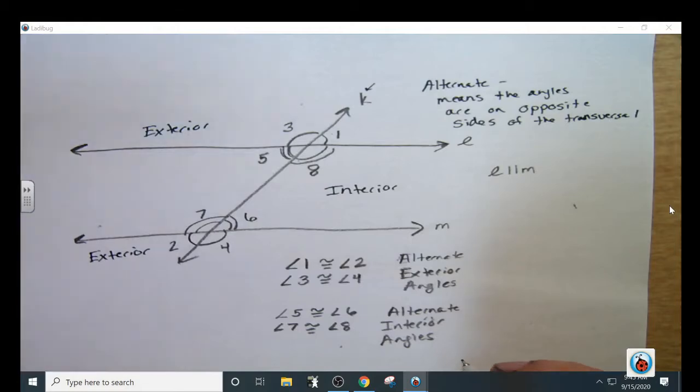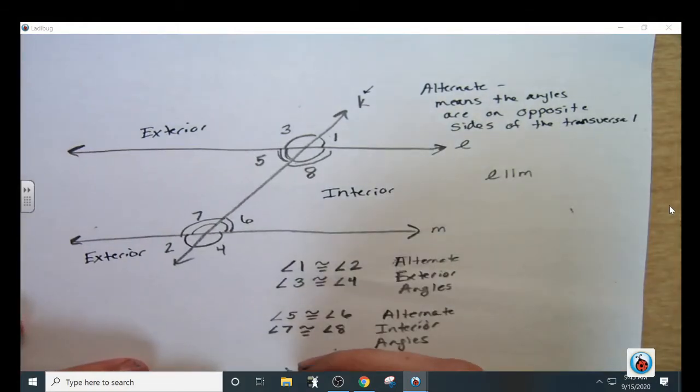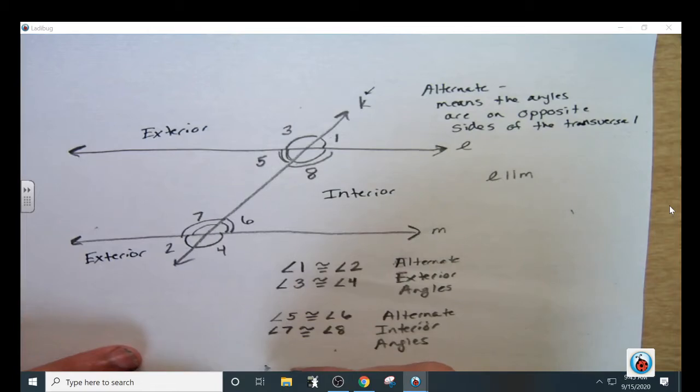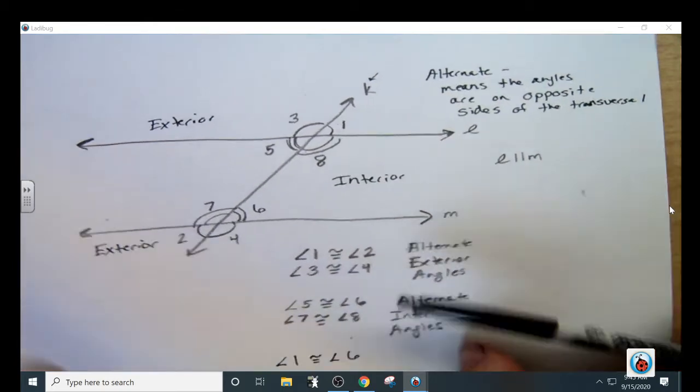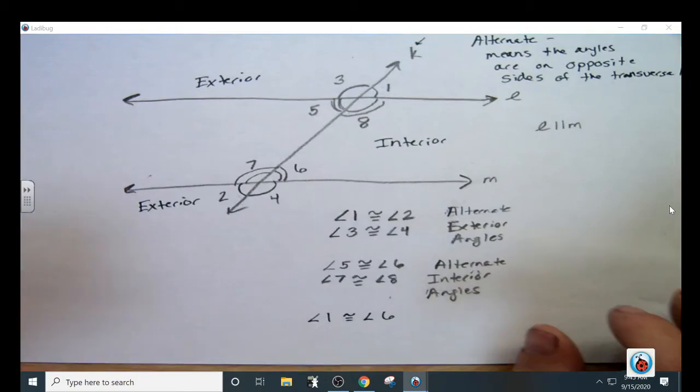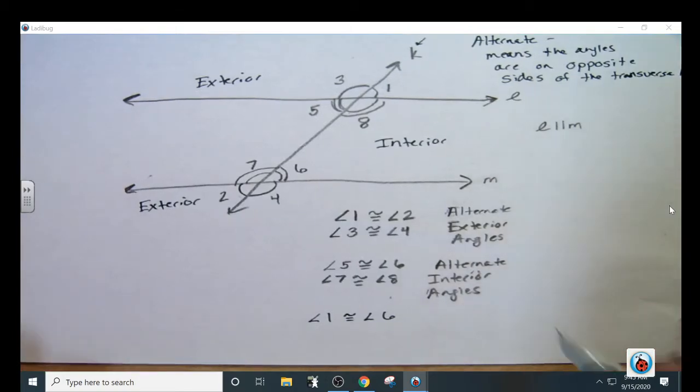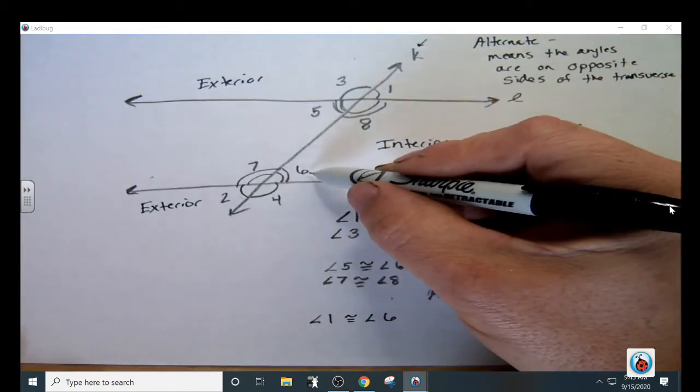Now, let's talk about some corresponding angles. All right, guys, I know they're marked a little differently, but angle 1 is congruent to angle 6.